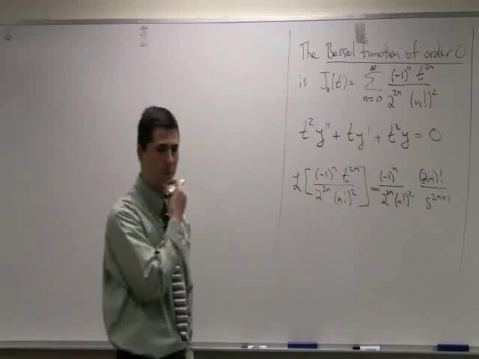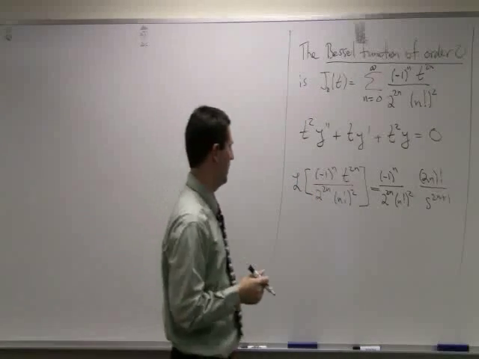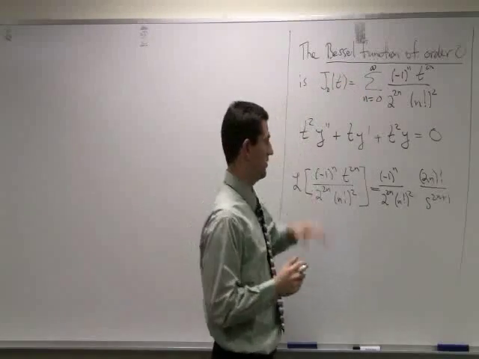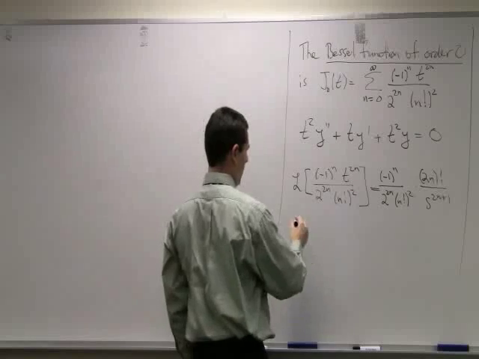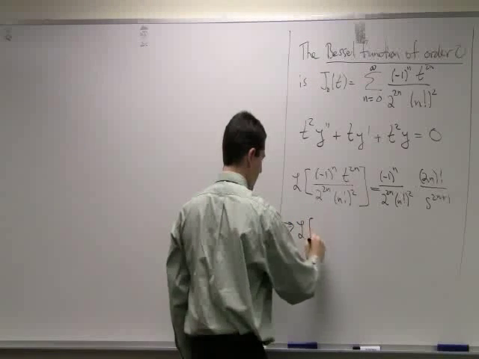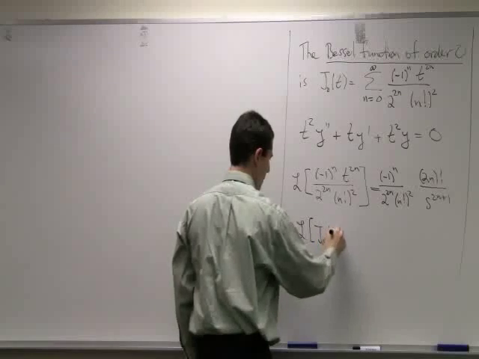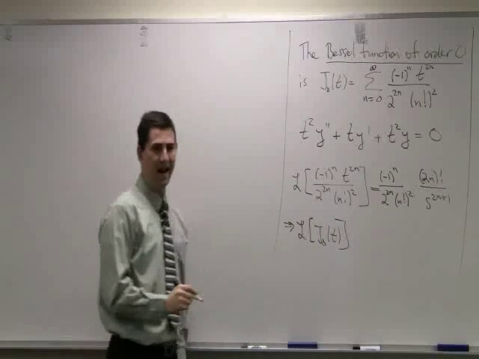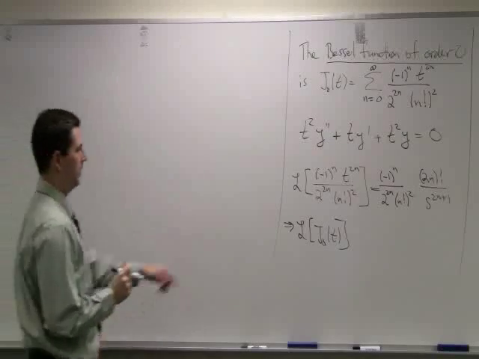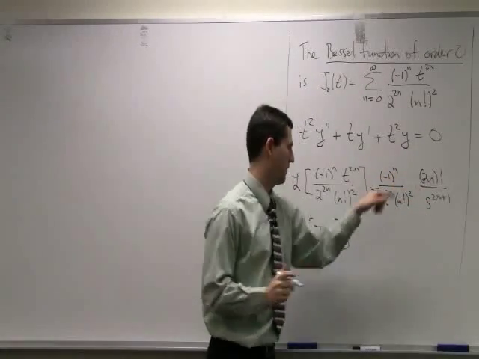Now, it would be really nice if when we sum this up, we got something we actually recognize. So if we take the Laplace transform of the entire Bessel function of order 0, it's just going to be the sum of all these things.